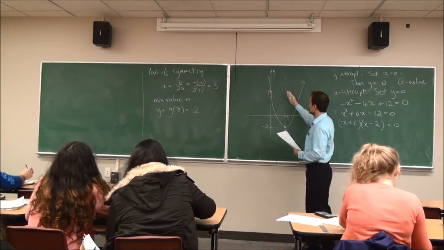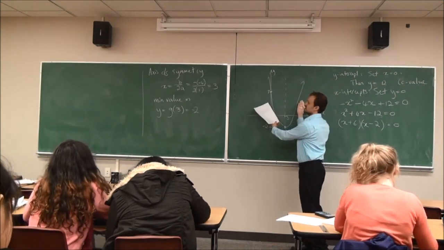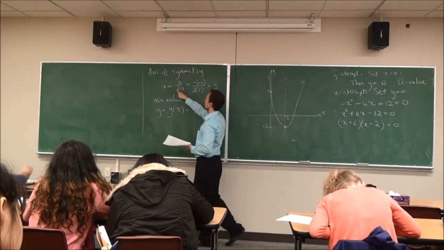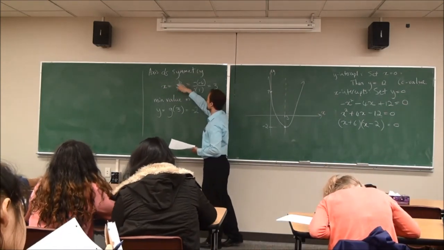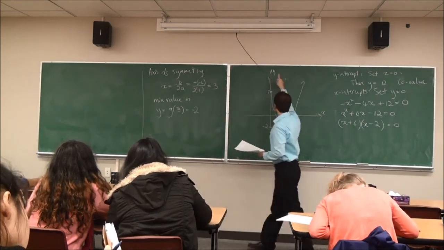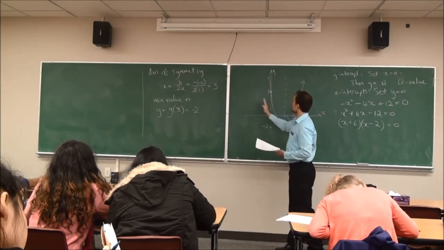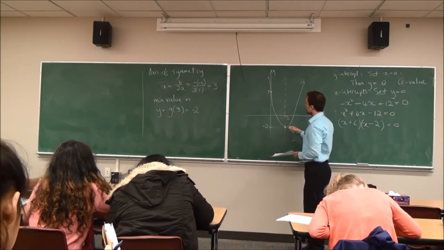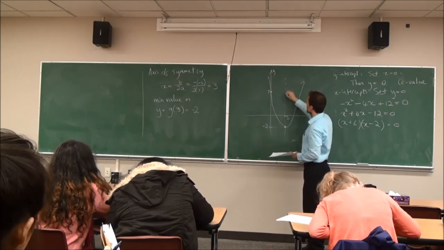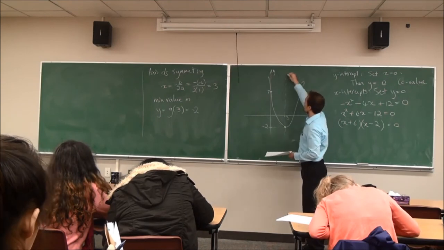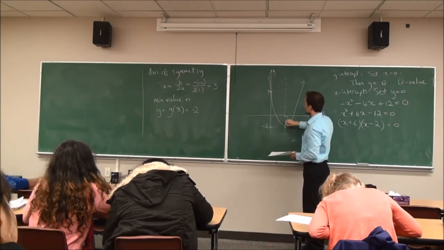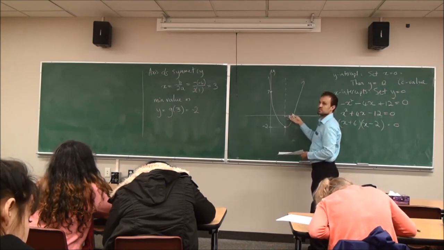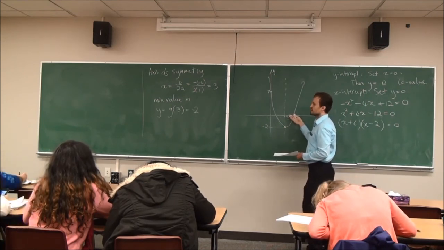So the axis of symmetry is where I split this parabola in 2. The x value is given by negative b over 2a. So I plug it in, I get a 3. So I know where this line is sitting. It's over here, where x is equal to 3. So I have a minimum value somewhere on this line. But where is it? Does it sit up here? I have to find the y value that corresponds to x equal to 3. How do I do that?